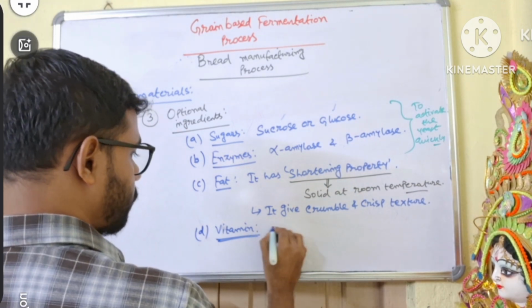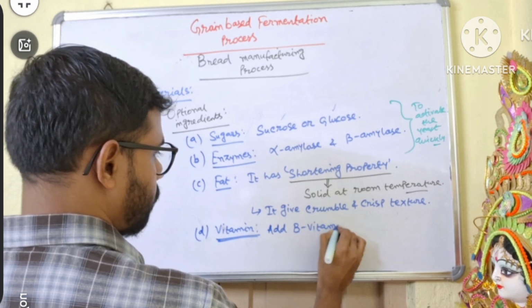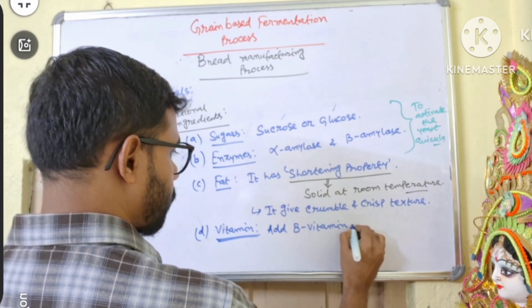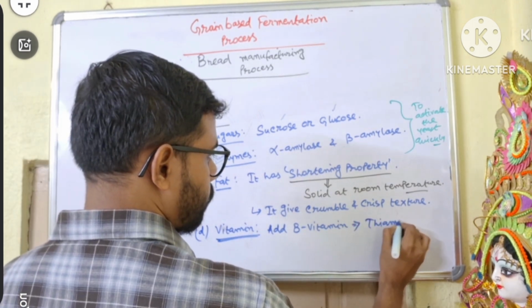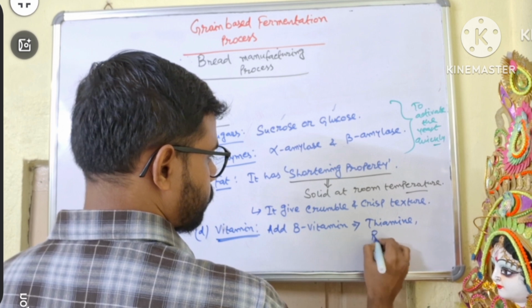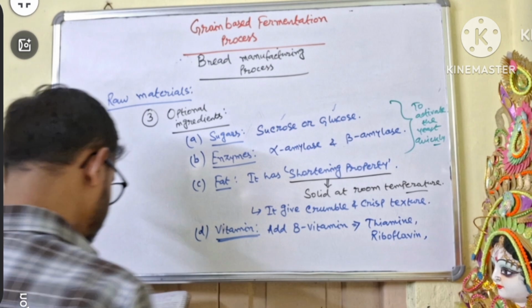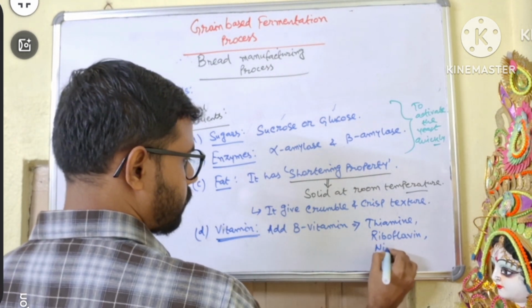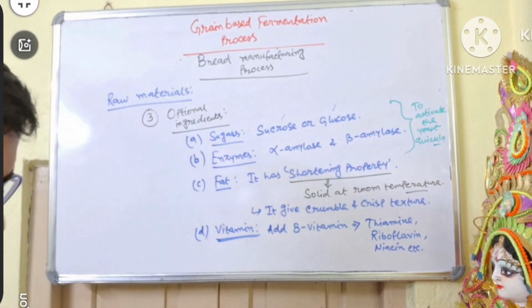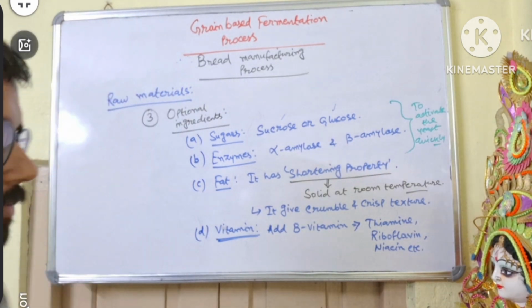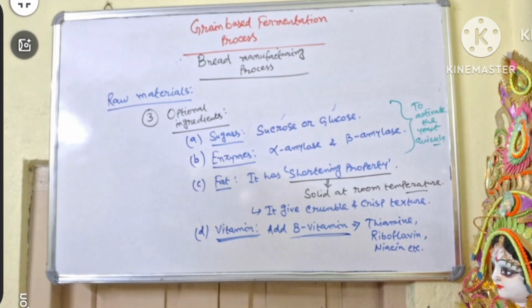Basically B vitamins, like riboflavin, thiamine, niacin, etc. As most people are deficient in B vitamins, that's why vitamins can be added. B group of vitamins.